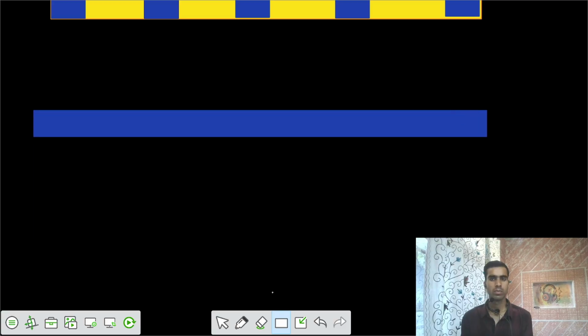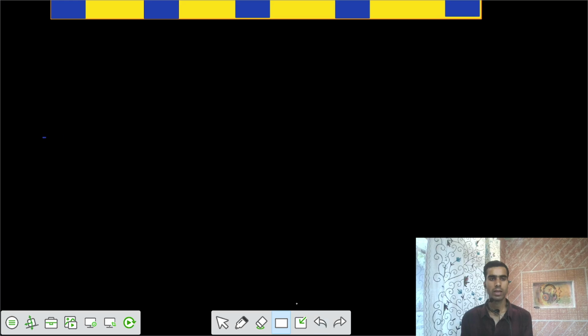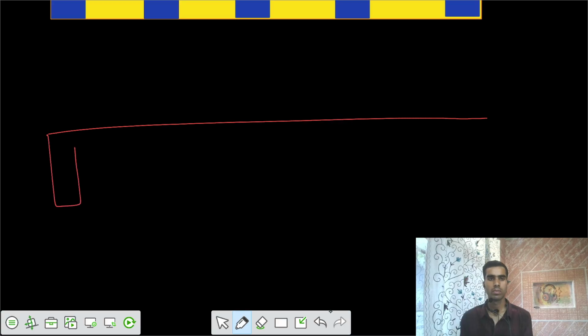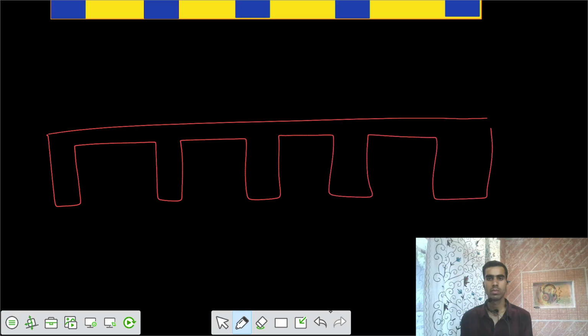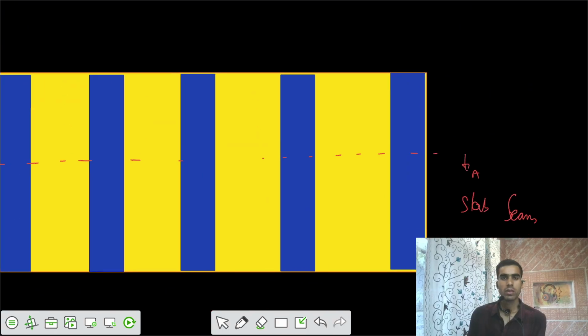Let's have this in this way. So this is our section AA. And I would say the detailing is that we have beams.